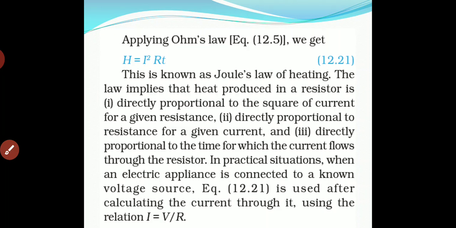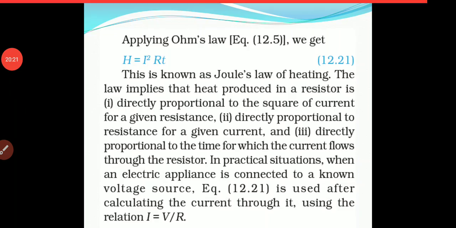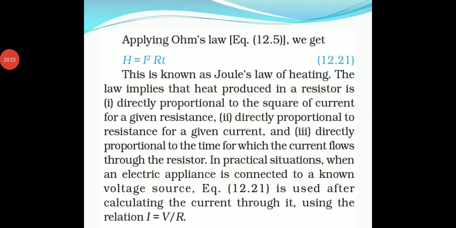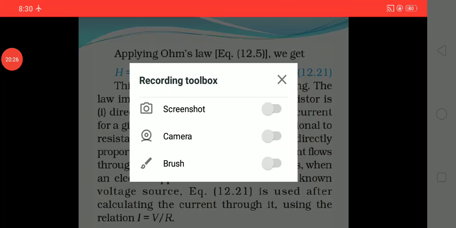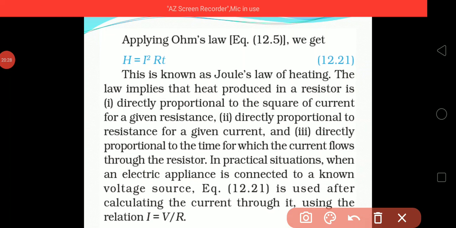So we have got this formula H is equal to I square RT. This is known as Joule's law of heating. The law implies that the heat produced in the resistor is directly proportional to the square of the current.